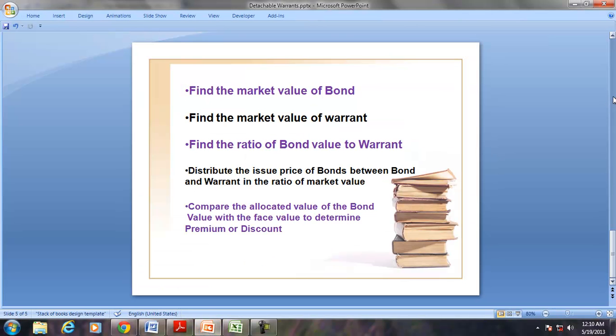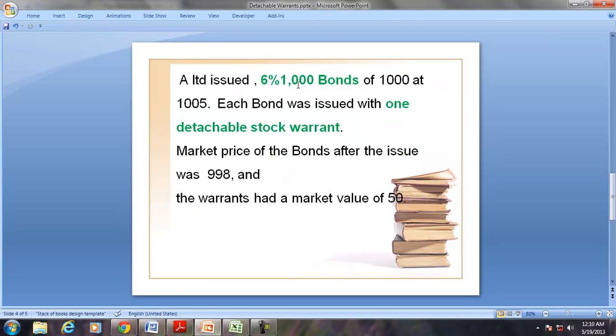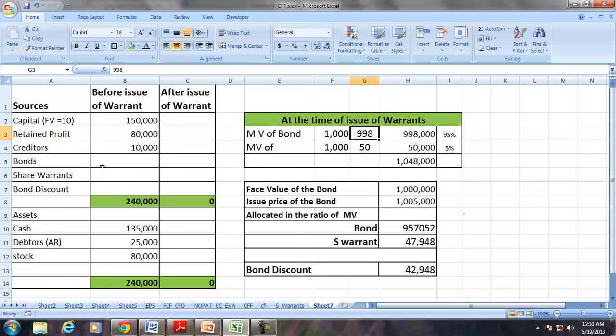So we have seen that there are 1000 bonds of 1000 issued at 105. So the issue price is 105. The face value of the bond is 1000. The market value of the bond is 998, and the market value of the warrant is 50.